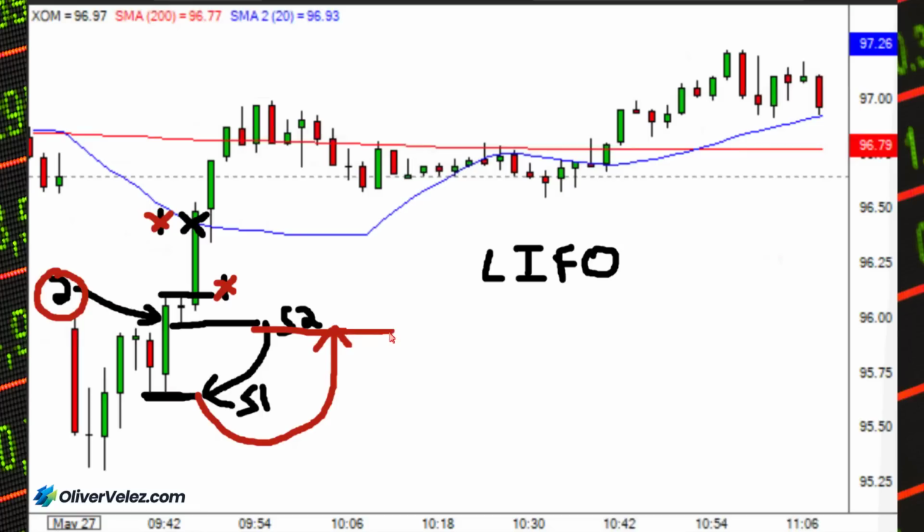Last in, first out. Now your platform won't calculate like that, but I want you to think I am selling my last add. What this will do is it'll auto-correct you when you're taking profits too soon. So if you have just added and you're taking profits a few cents later, what are you doing?